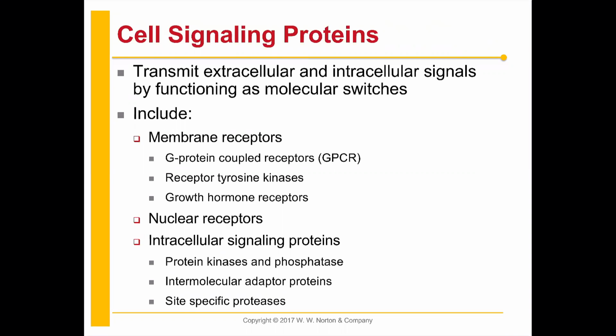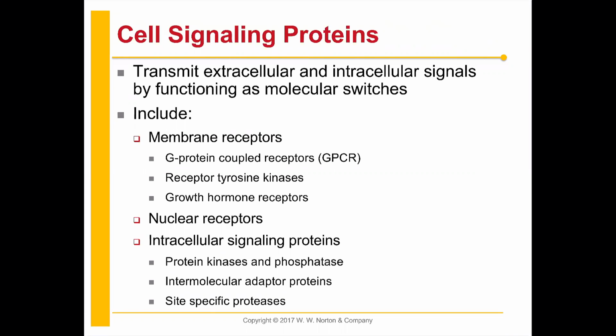And so you can have receptors that are embedded in the membrane. We have 3 different kinds: G protein coupled receptors, receptor tyrosine kinases. So you know what tyrosine is, and you have an idea of what a kinase is, right? We're talking about phosphoryl groups. And then you can have growth hormone receptors, which are super important. We'll talk a little bit about those. You can have nuclear receptors, right? Because sometimes you need to get a signal into the nucleus to affect transcription, translation.